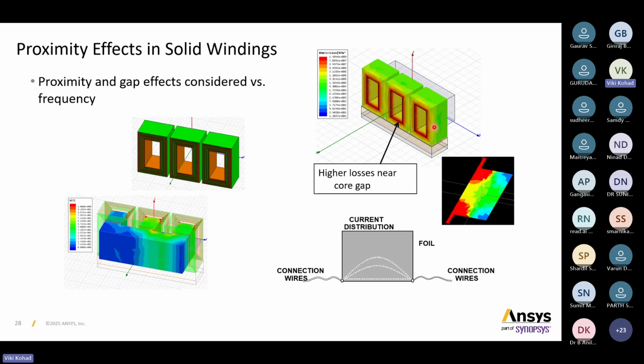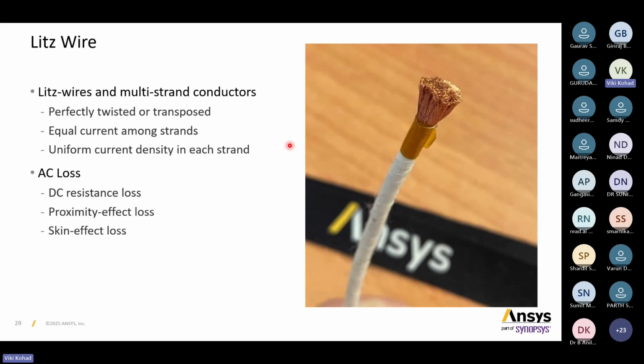On the flux distribution you can find out when the saturation happens, and at what point the saturation is. All those flux plots you can see by using Ansys Maxwell. Then the leads wire technique is there also, which I already talked about.